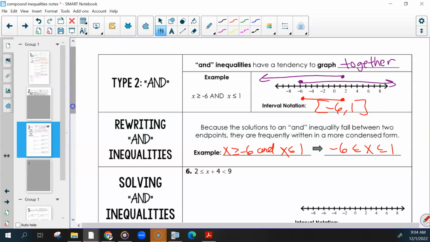They're both going to be equal to because they both have a line. No matter what, whether one says greater than, one says less than originally, they are both going to be less than because this is saying from -6 to 1 and everything in between. Questions about that before we continue?